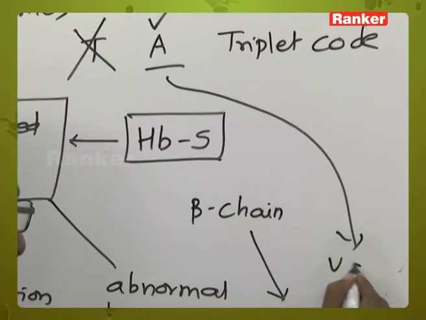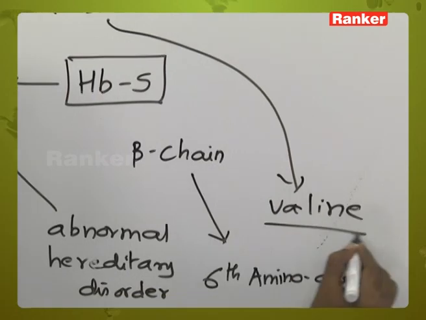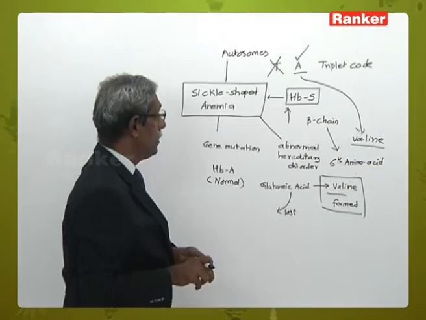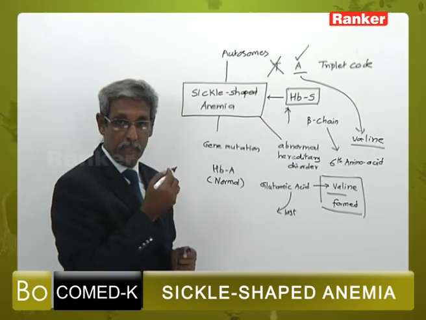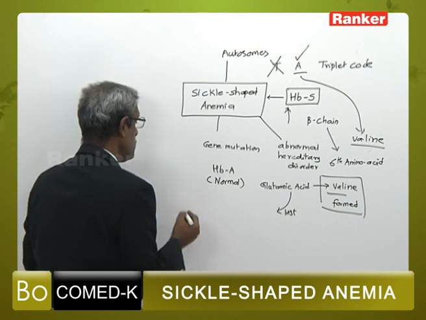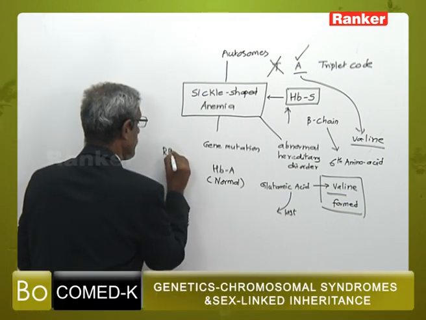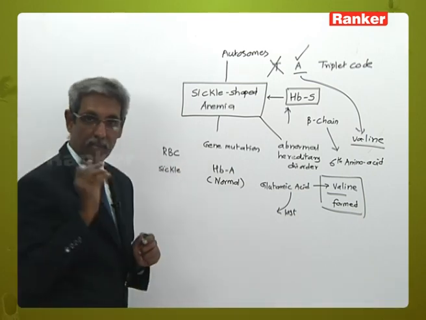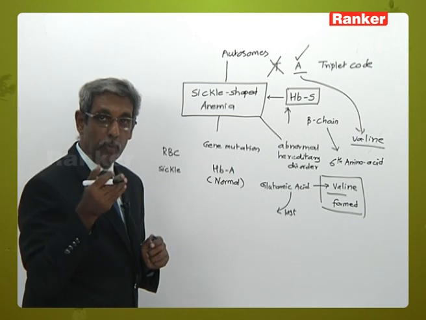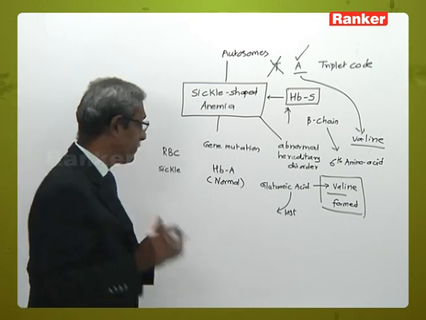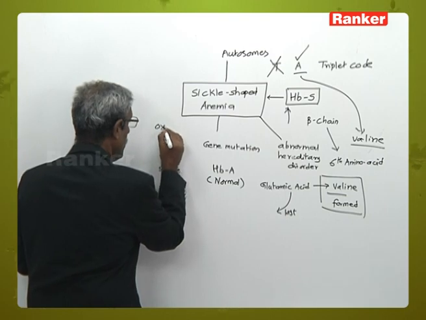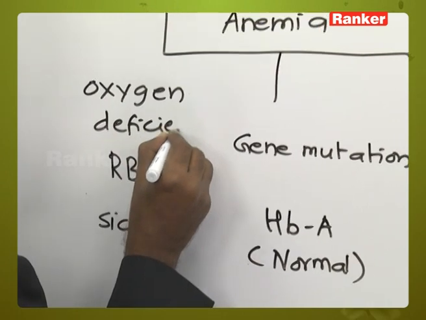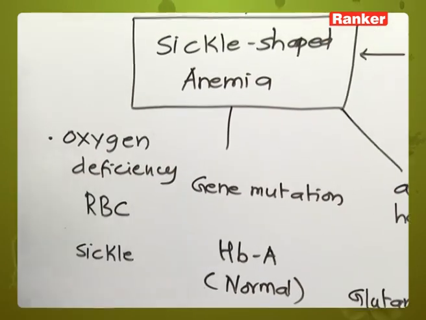Adenine and valine result in the formation of hemoglobin S. So this autosomal sickle-shaped anemia disorder results in the formation of red blood corpuscles which are sickle shaped, and because they are sickle shaped, they cut through the red blood corpuscles and it results in oxygen deficiency.